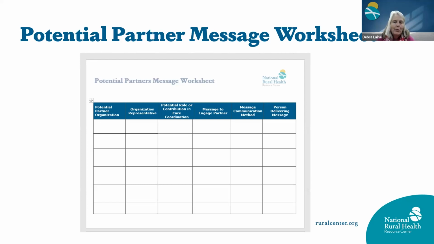because you record the organization down on that left-hand column, and then you start to identify a person or a position that would be the key person to be working with your community care coordination efforts. And then what their role or their contribution would be to your effort.